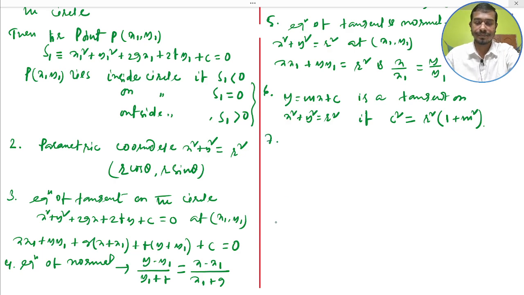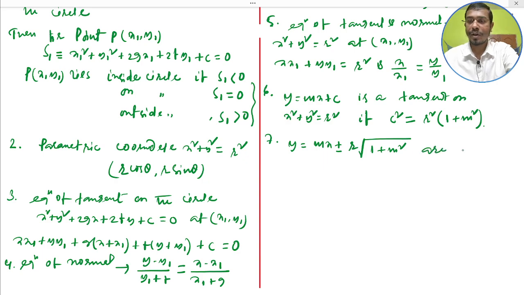Next, the lines y equal to mx plus minus r root over 1 plus m square, these two lines, plus and minus, are tangents on the circle x square plus y square equal to r square at the point.